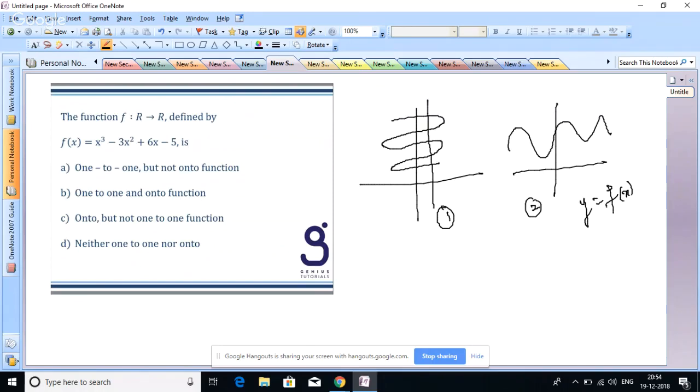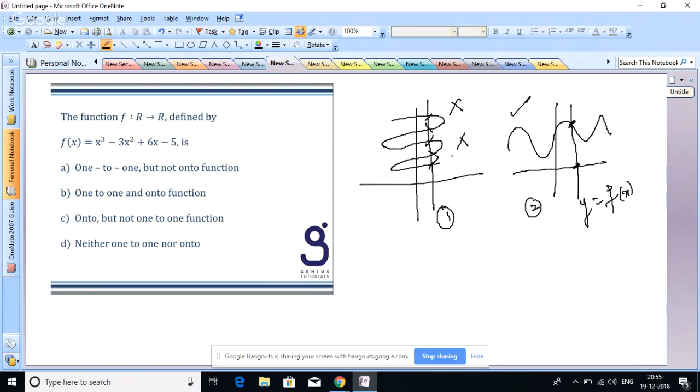So this will represent the graph of a function, and this will not represent the graph of a function because we are getting different values of y for a single value of x. But this will represent the graph of a function because for a single value of x we are getting a single value of y.